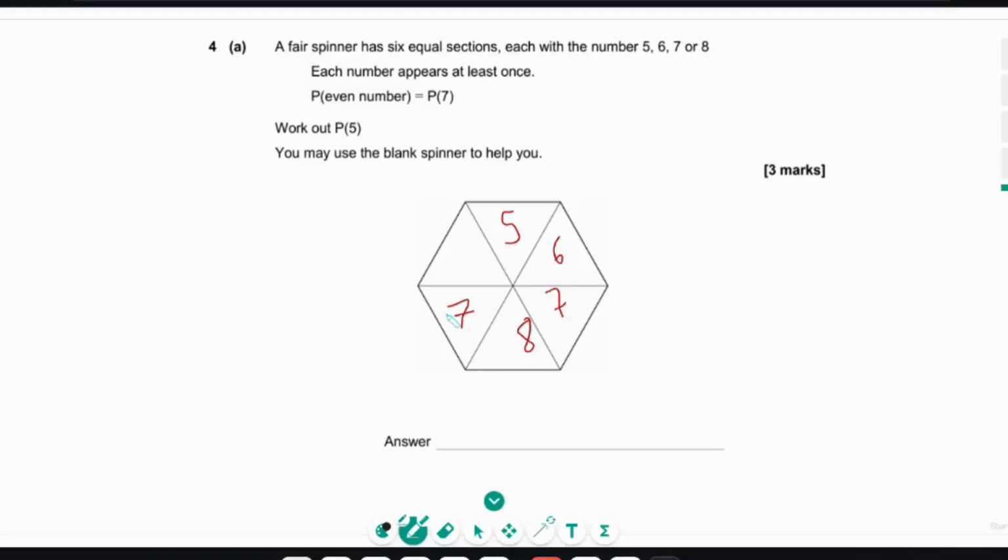So now the probability we get an even number is 2 out of 6, and the probability that we get a 7 is also 2 over 6. So this would have to be 5. It can't be 6 or 8, because then we'd have more even numbers, and it can't be 7 either. What's the probability of getting a 5? 2 out of 6.